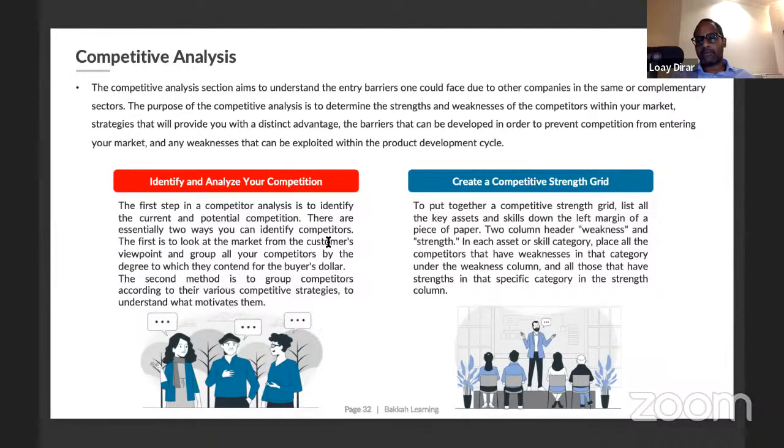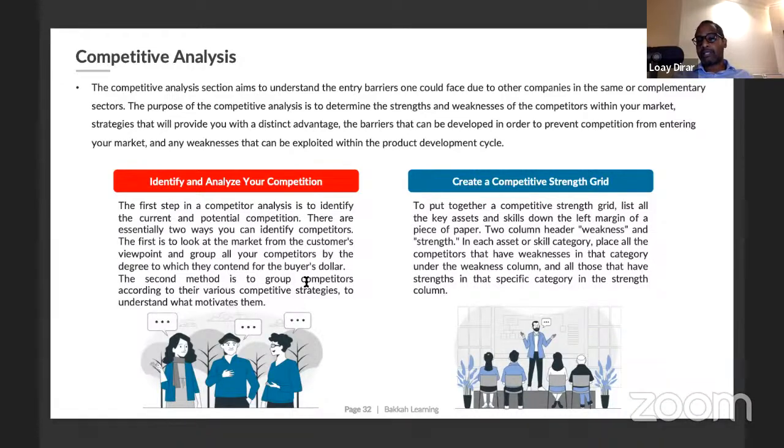This is going to give you a very good idea. The second approach is to group competitors into groups or segments and start to analyze and understand what the strengths are for each group of your competitors. This is going to give you a very good understanding about your stakeholder groups.